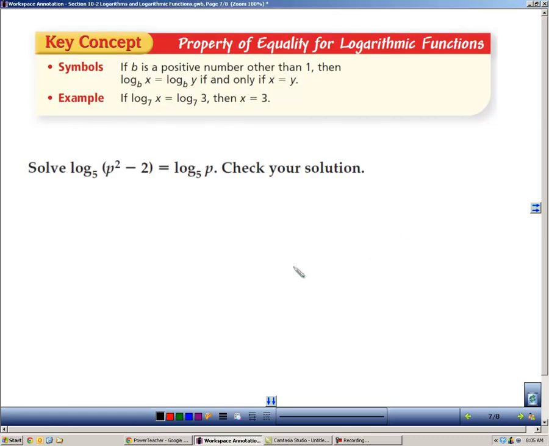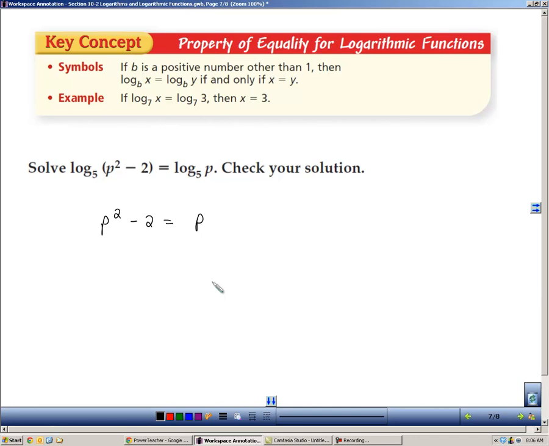Here's another property of logarithms, and it says that if you have a log with a base, and that equals another log with the same base, if you can get those to match up, then you can just set the values after the logs equal to each other. So in this example, I have two log base 5s, and since they're both log base 5s, then I can just say that p squared minus 2 has to equal p.